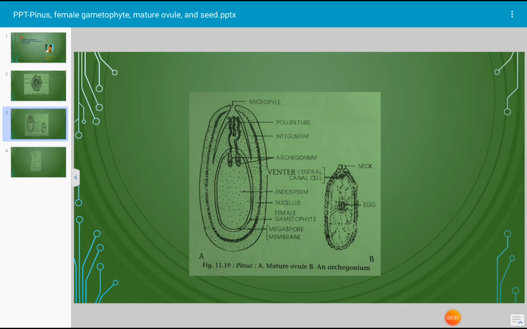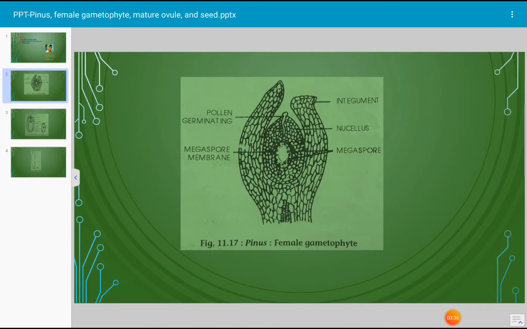Next, in the female gametophyte, the wall of the megaspore becomes thicker and well defined. Soon the cell wall formation sets in the peripheral part of the female gametophyte with free nuclei and advances inwards until the entire embryo sac becomes cellular.